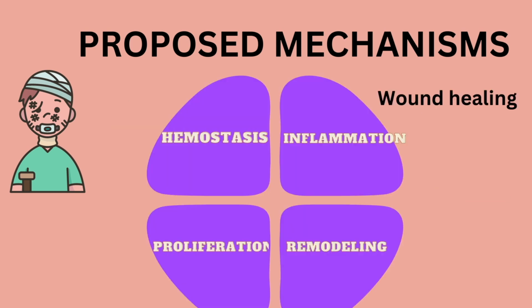So the phases that involve tracheal stenosis are mostly the inflammation phase, proliferation phase, and remodeling phase.